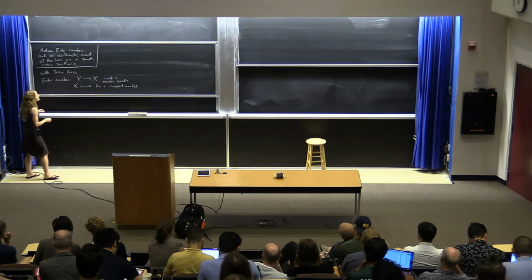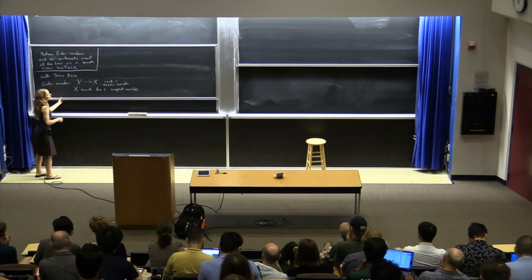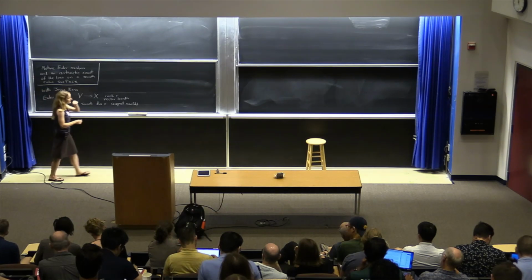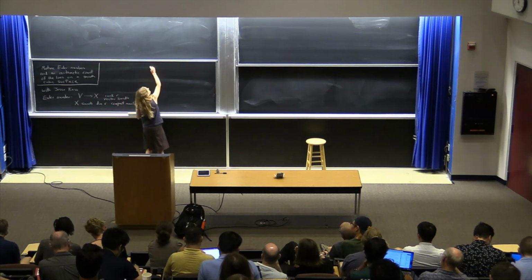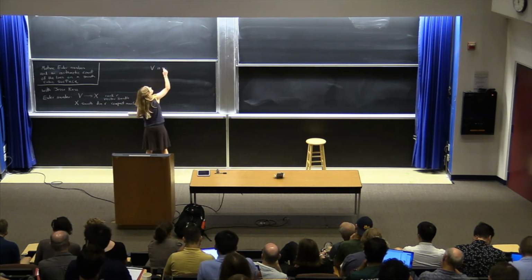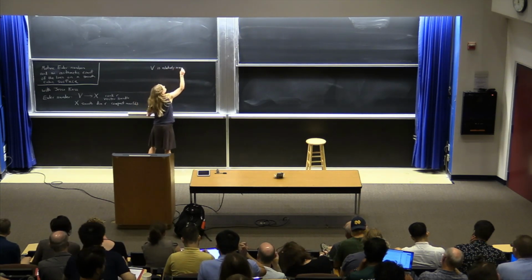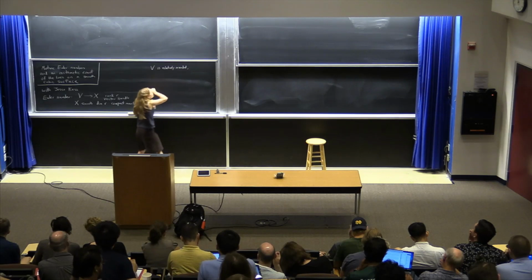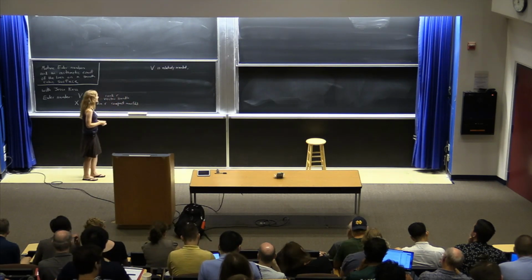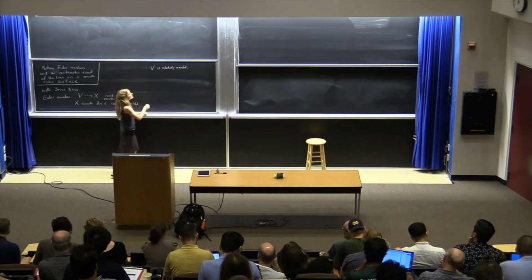We can ask that V be oriented, but let's weaken that a little bit and say that V is relatively oriented. And relatively with respect to this manifold.